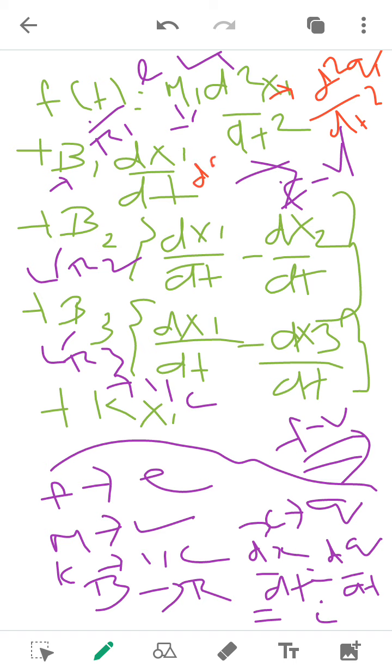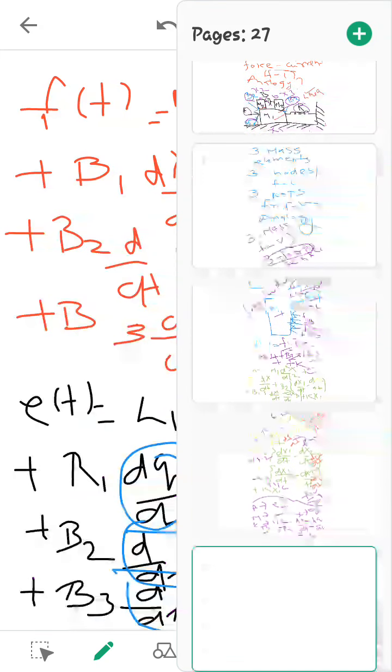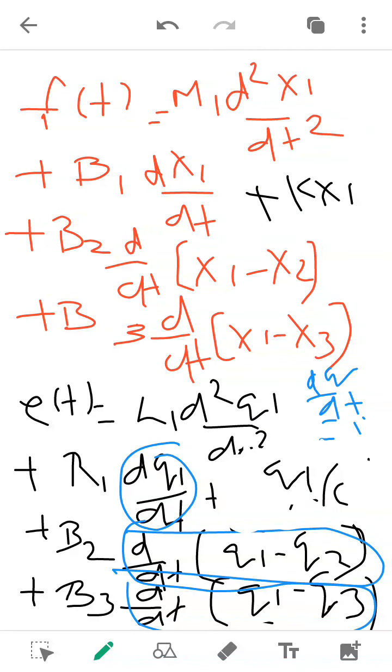This one will be dq1 by dt, this one dq2 by dt, and this one dq3 by dt. Just replacing all these elements, we have got this equation.